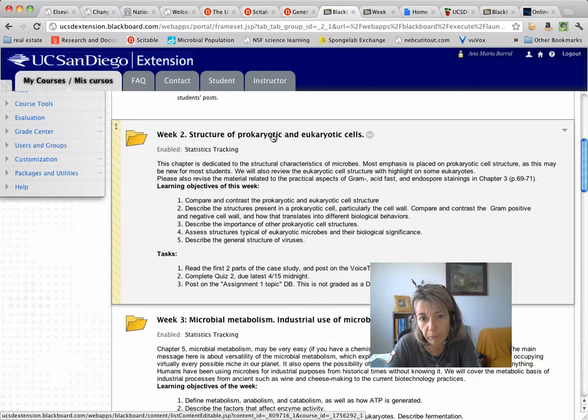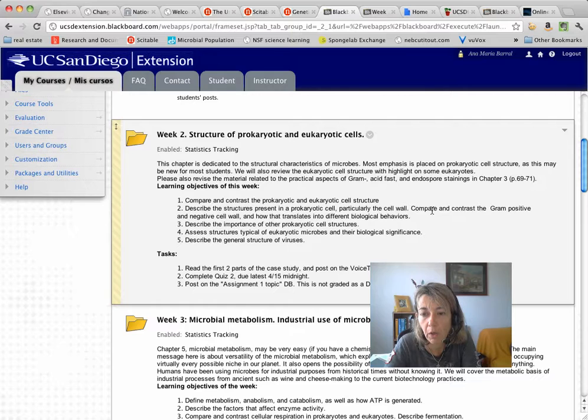As you can see here, the majority of the learning objectives are related to structure. This is a microbiology course, and we are learning about microbes, so this is related to the structure of different kinds of microbes. Some of the learning objectives are descriptive, so they need to be able to describe the structures.